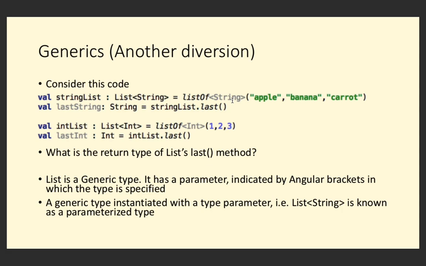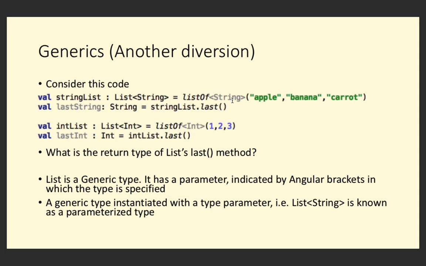Now, anyone got any idea what the return type of the last method that belongs to list is? If we write a method that returns something, we do something like fun, my method name, brackets, and then a colon, and it returns something.